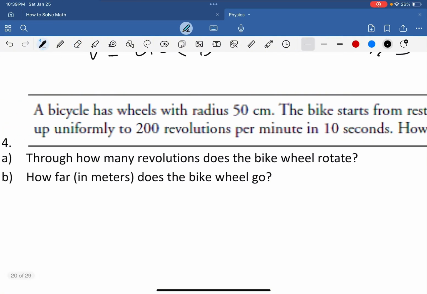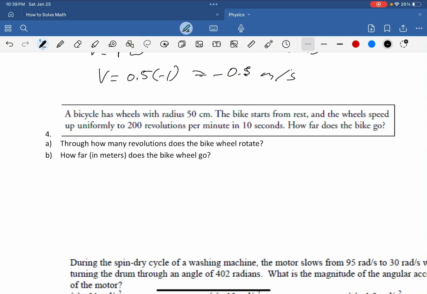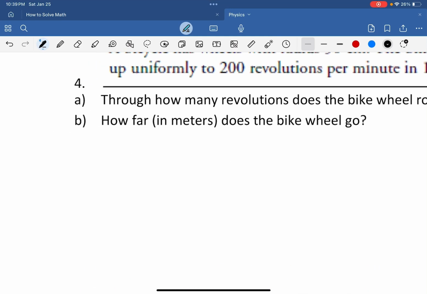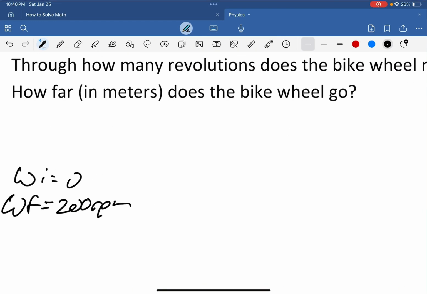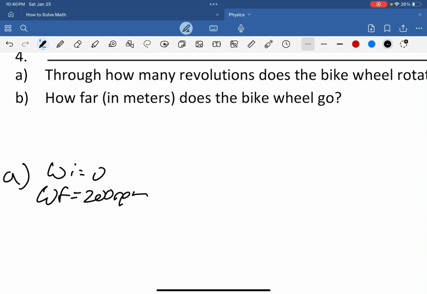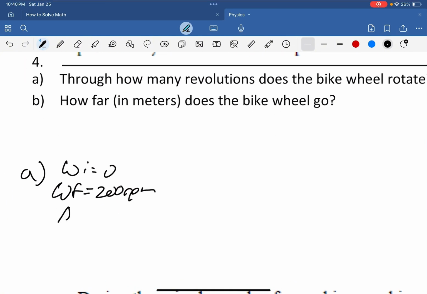For part A, we're going to have to use our constant angular acceleration equations, I'm going to assume. So our omega i is equal to 0. Omega f is equal to 200 RPM. Change in time is equal to 10 seconds. We know that omega f is equal to omega i plus alpha times change in time.